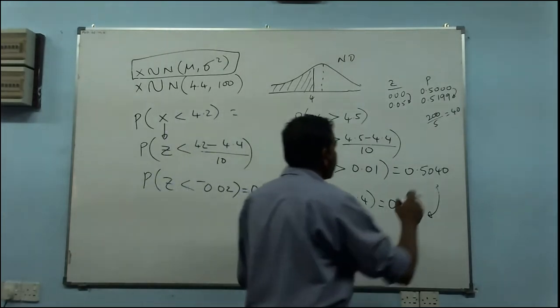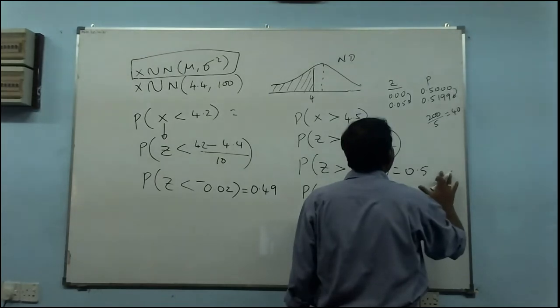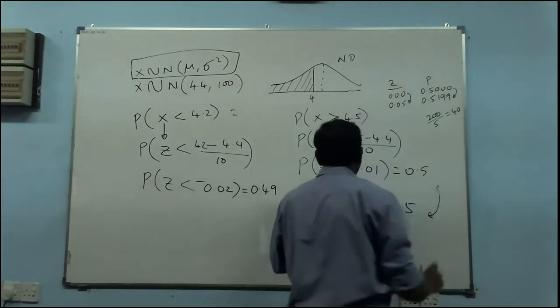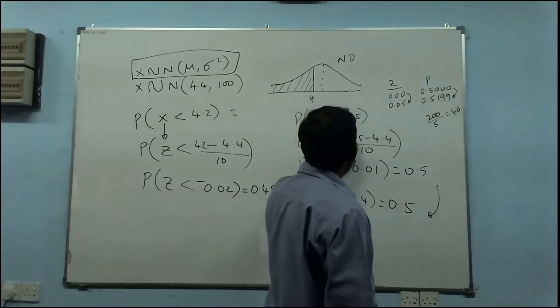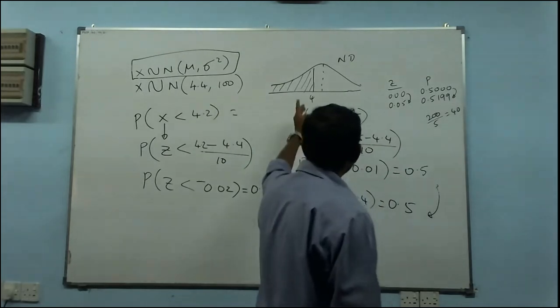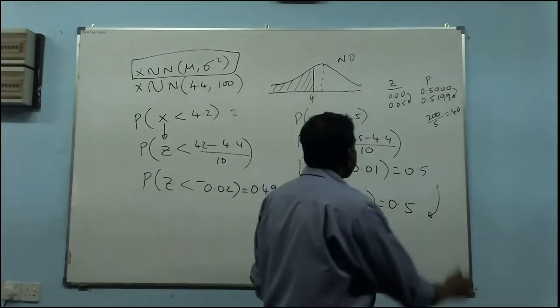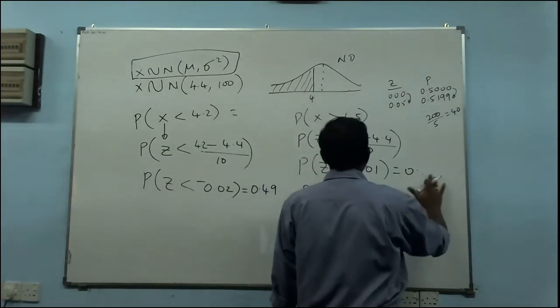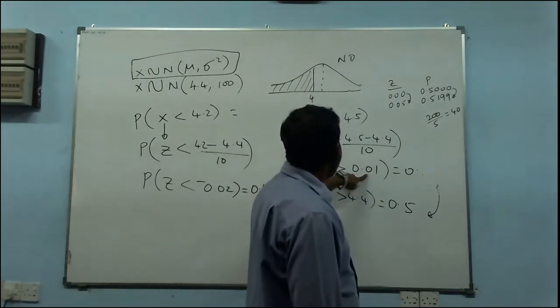Other way around, reduction. For this answer, 4.5 minus 4.4, slightly. Okay. So this answer is correct, right? 0.01.